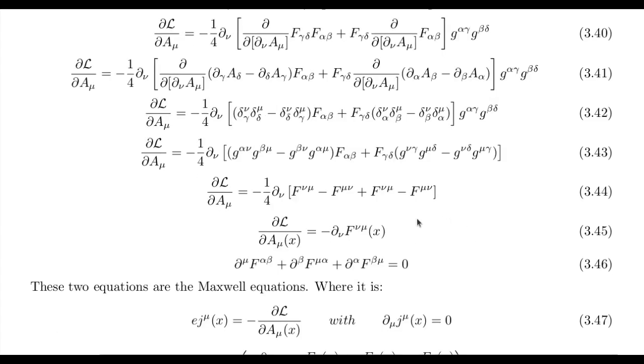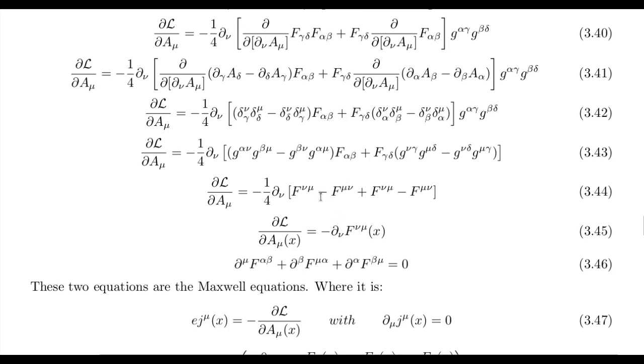Now we must know that the F tensor is antisymmetric. So if we have here F nu mu, then that is the same as minus F mu nu.